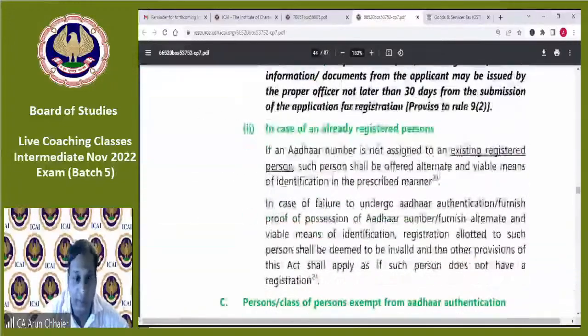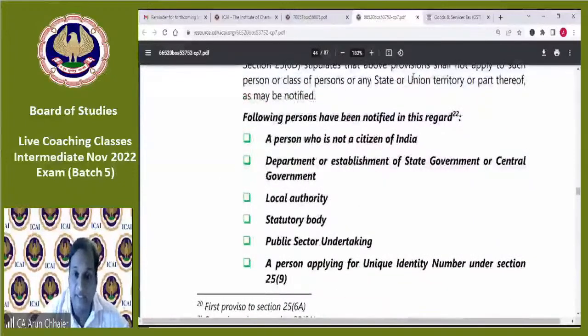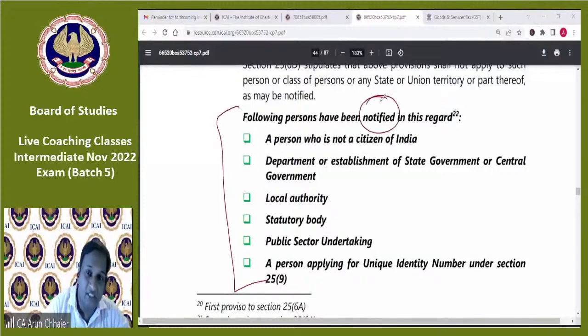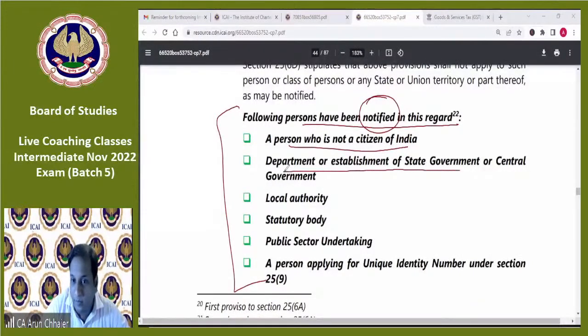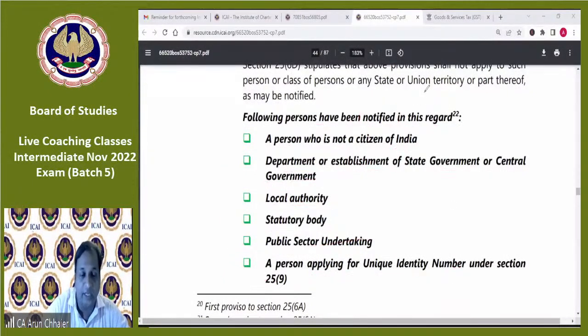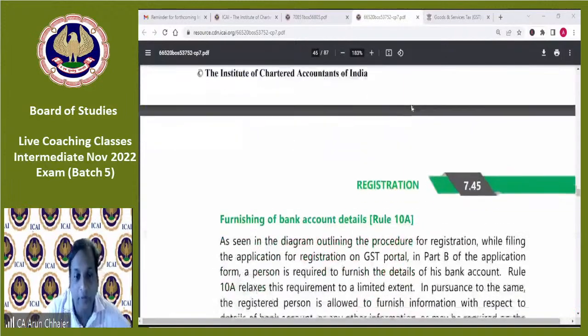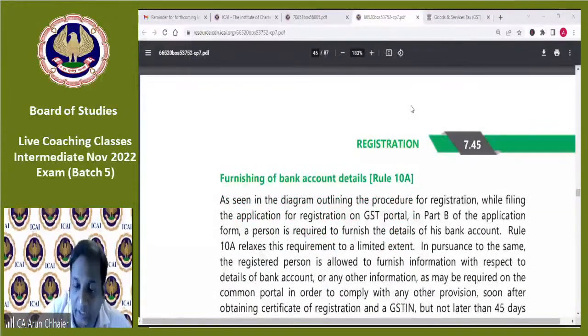This might be important for a short question: who are relaxed from Aadhaar authentication? A person notified in this regard, a person who is not a citizen of India, a department or establishment of the state government or central government, local authority, statutory body, PSU, and a person for UIN under section 25 subsection 9. These are relaxed from Aadhaar authentication for registration.